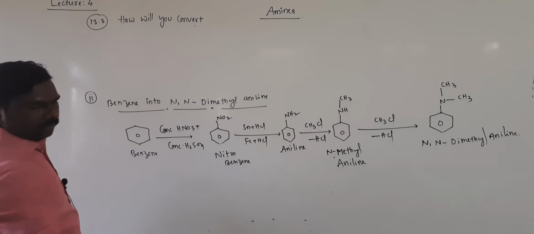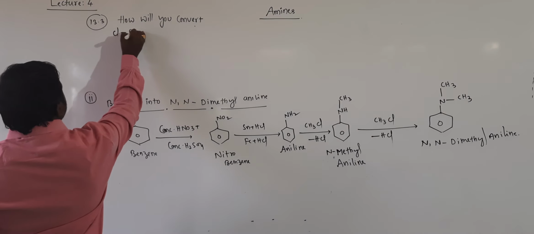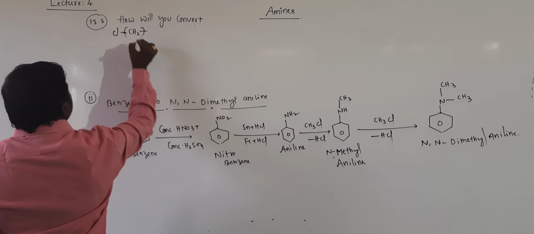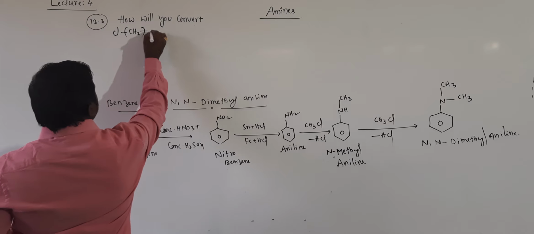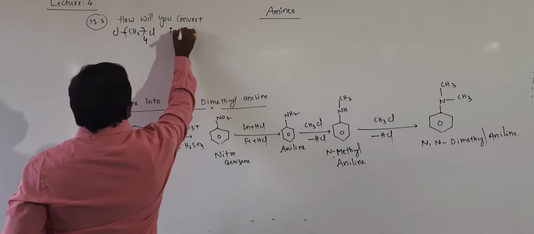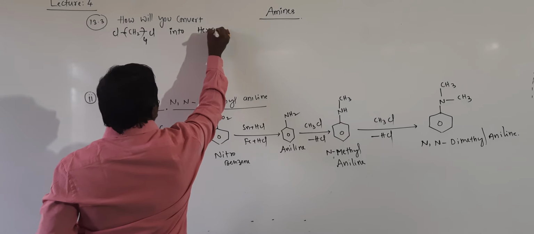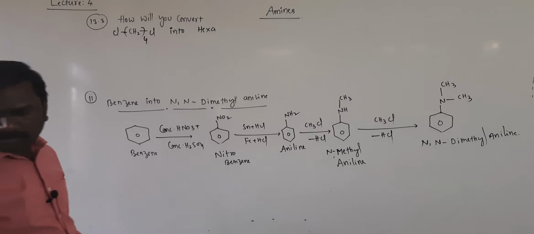Number 3 conversion. Cl CH2 4 times Cl into hexane 1,6 diamine.